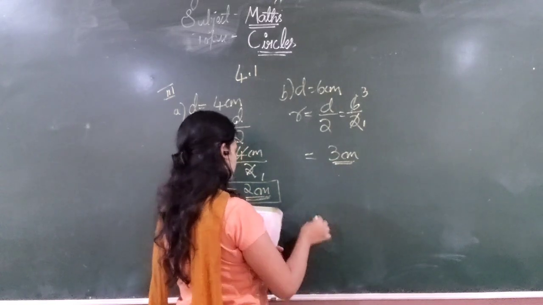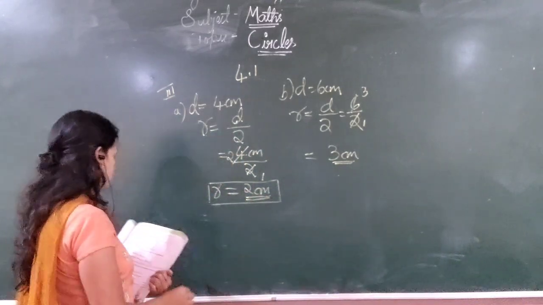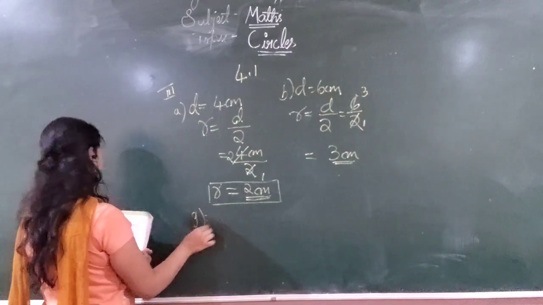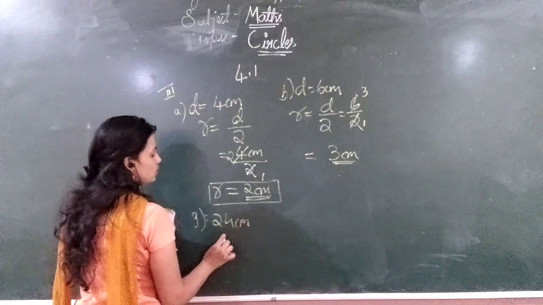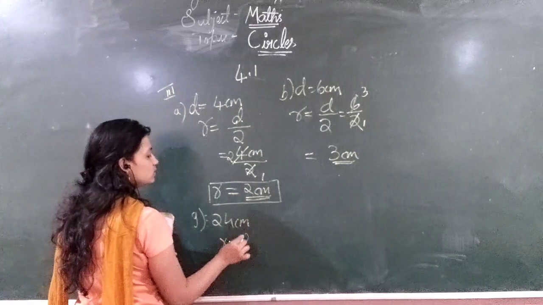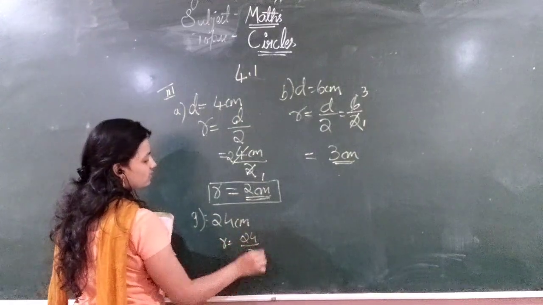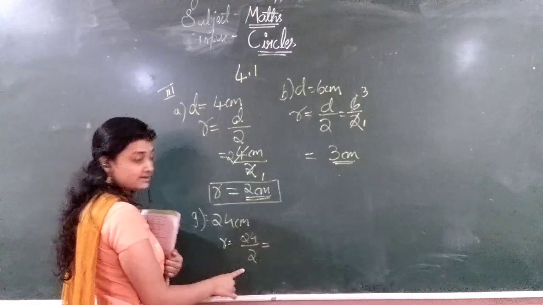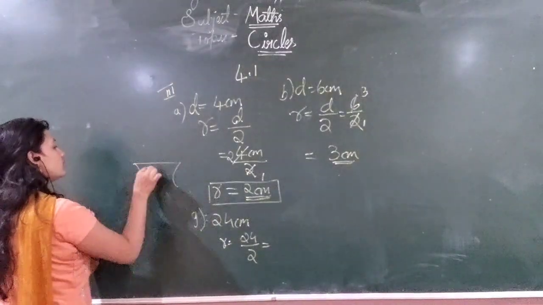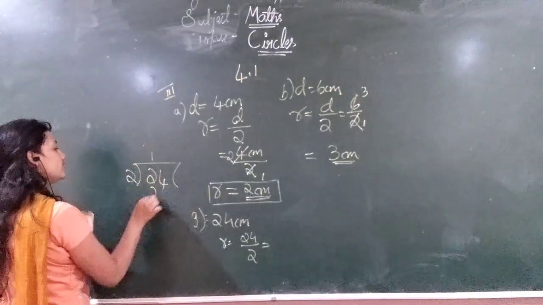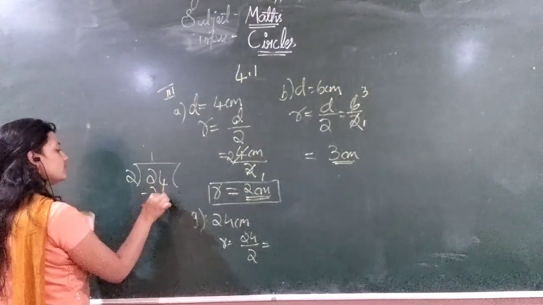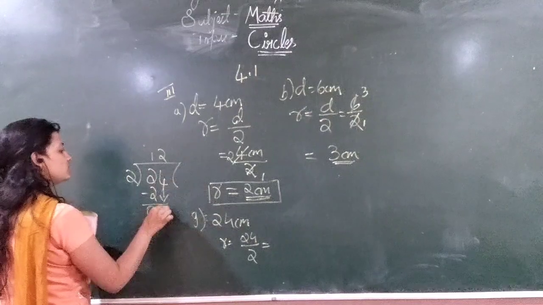Let me take the sums that look difficult. G: 24 centimeter. The radius will be half of 24. If you don't want to divide directly, you can draw the normal division and find the answer. 2 ones are 2, 2 twos are 4.